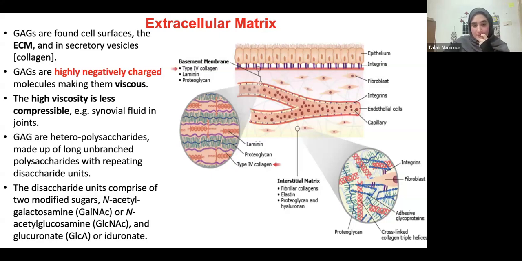High viscosity. Yeah, it is high viscosity, but what does high viscosity mean? So when a structure is viscous, what do we mean? Thick. Exactly, they're thick. So it doesn't flow easily. So GAGs are highly negatively charged, and because of that, they're viscous.